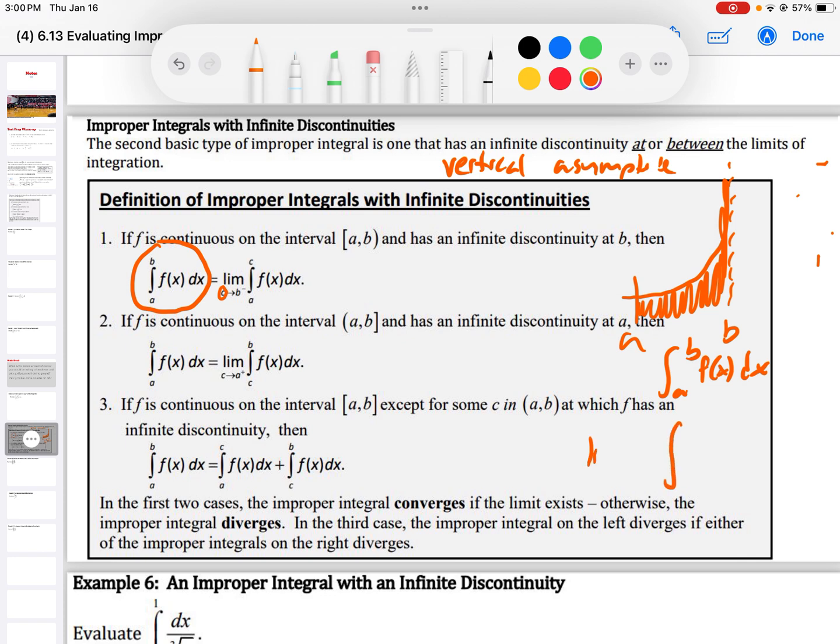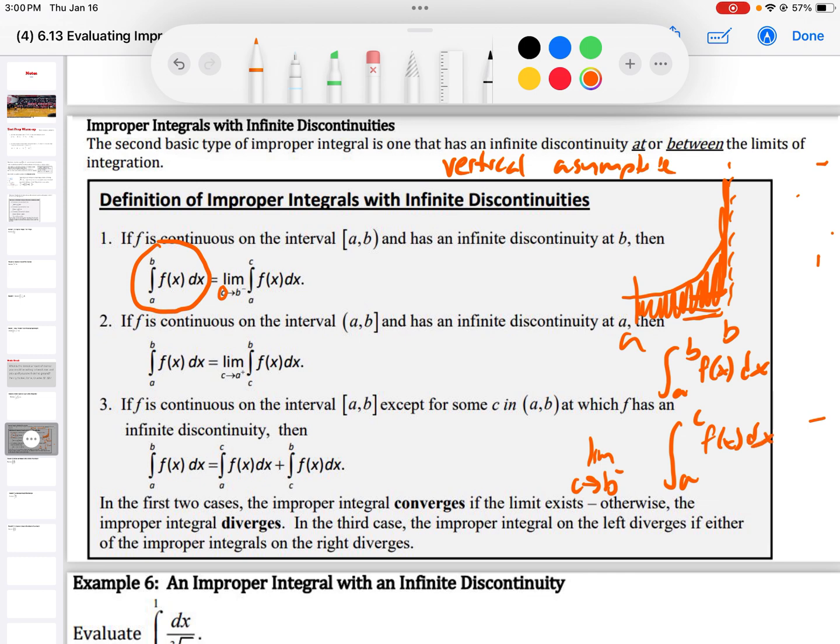But if b is the vertical asymptote, I'll do the limit as c goes to b, from a to c. I'm approaching b from the left, so c approaches b from the left of the function f of x dx.